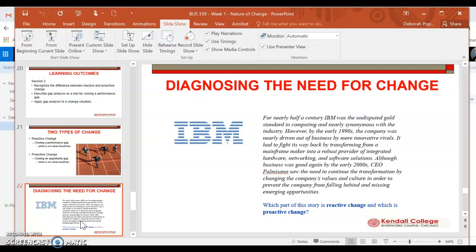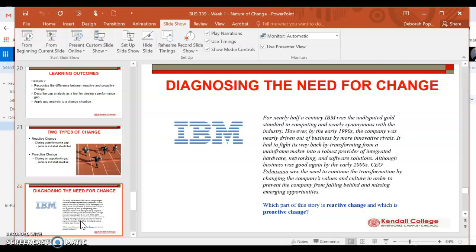A good story of this was IBM back in the 1990s. The company was nearly driven out of business by all the innovation that was going on in the computer industry. And they needed to undergo many, many changes in order to get that company caught up with where the rest of the industry was, and then also looking ahead to emerging opportunities.